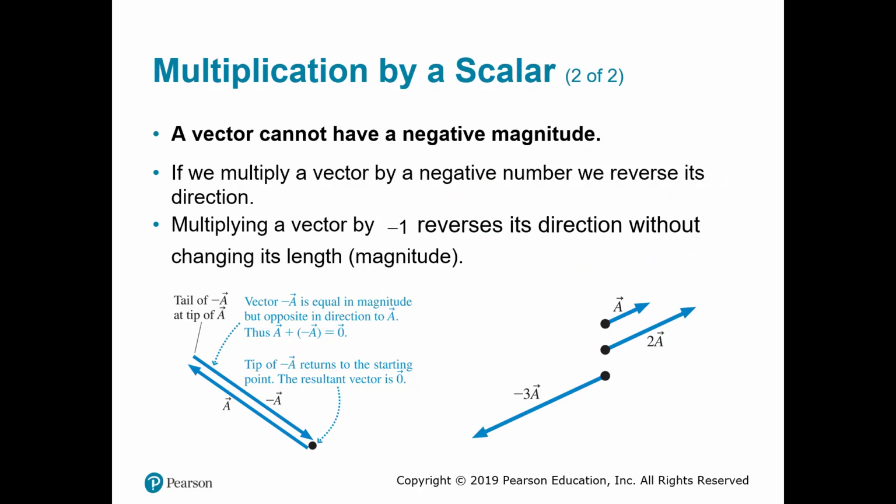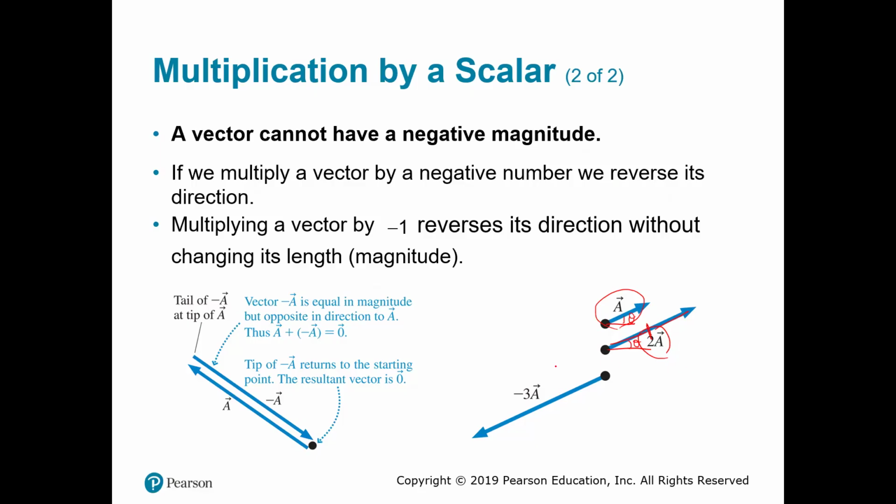A vector cannot have a negative magnitude, right? If you multiply a vector by a negative number, that means you reverse its direction. For example, here we have an A vector. B vector is 2A vector. So the length is 2 times greater, but you still have the same angle, theta, from the horizontal.